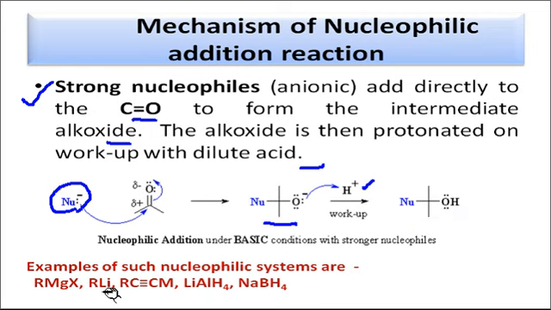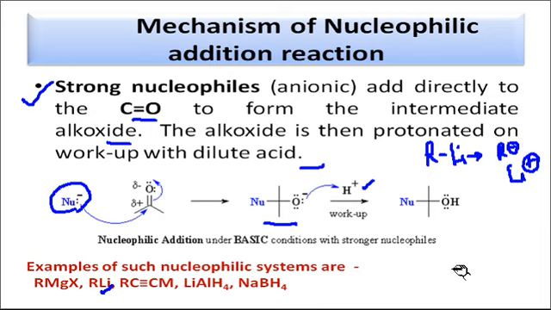For example, we take alkyl lithium compounds. These are strong nucleophiles in which R is negative and lithium is positive, like this. So this R negative is behaving as the nucleophile, and this R negative attacks the carbonyl carbon atom, which is the electrophile.